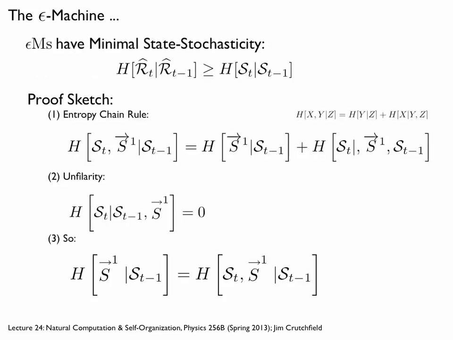I think this is the final property, namely that if we look at the causal state process and any prescient rival, equally predictive, the induced stochasticity is smallest with the epsilon machine.